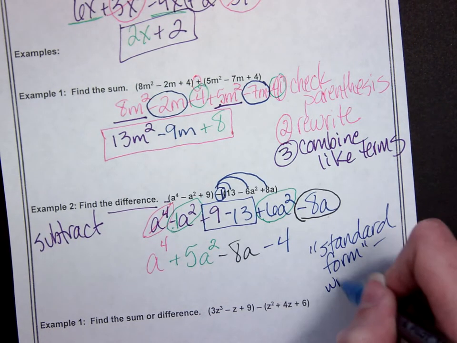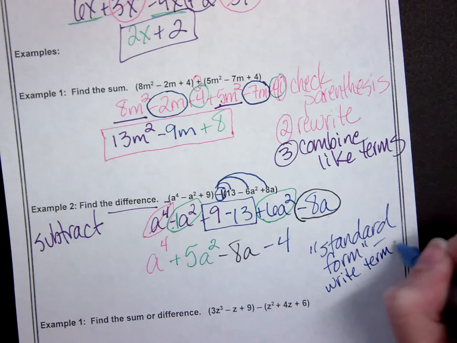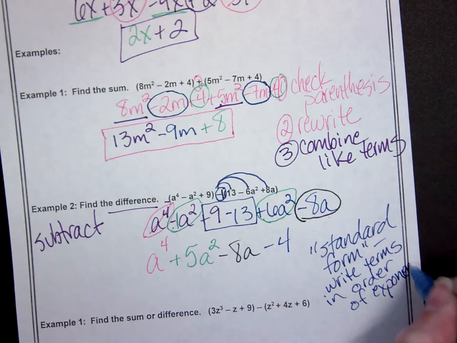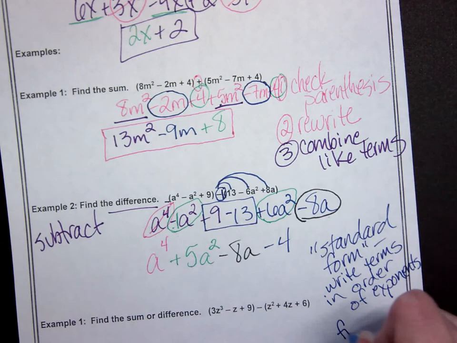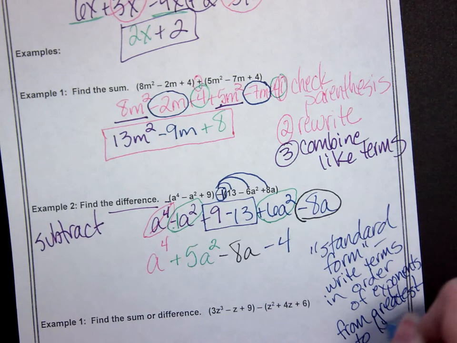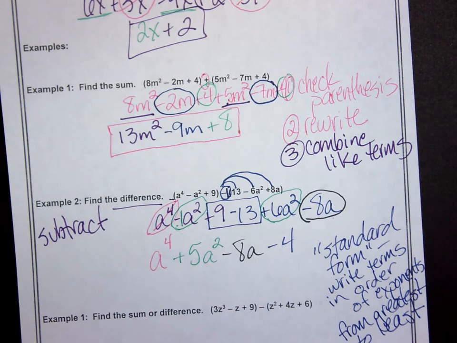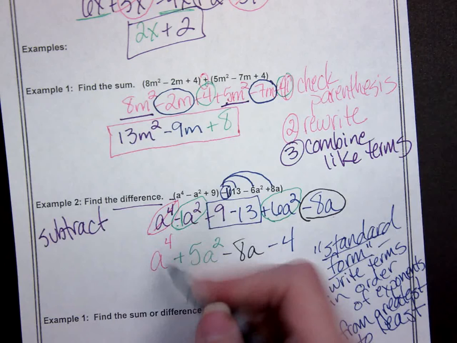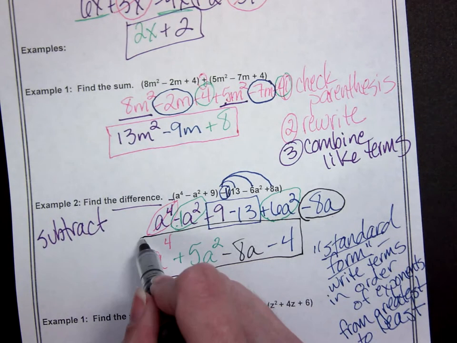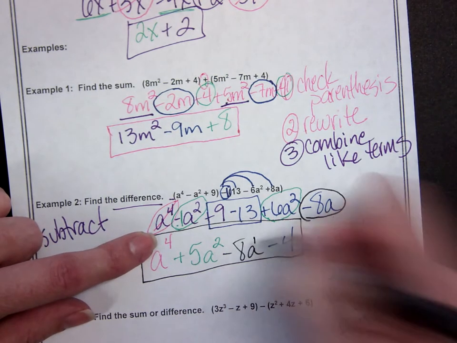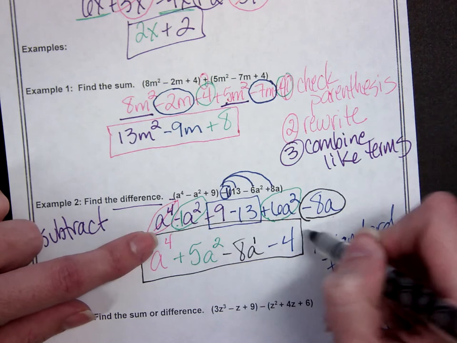So we write terms in order of exponents from greatest to least. Okay, that's why we did those kind of out of order, because now I have my greatest exponent 4, 2, remember there's a 1 here, and technically that's a to the 0, we just don't write it down.